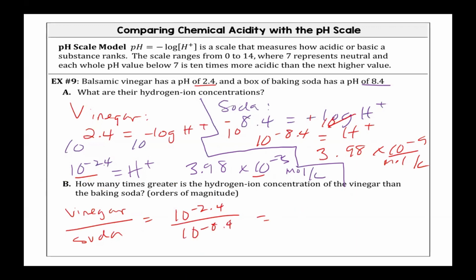When you're dividing and the bases are the same, you subtract the powers. So negative 2.4 minus negative 8.4. A negative times a negative makes a positive. So this leaves us with 10 to the 6.